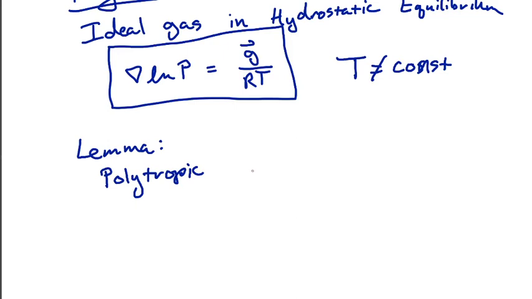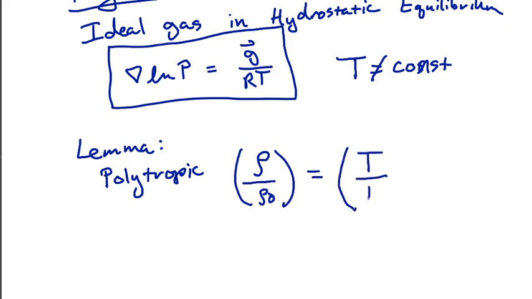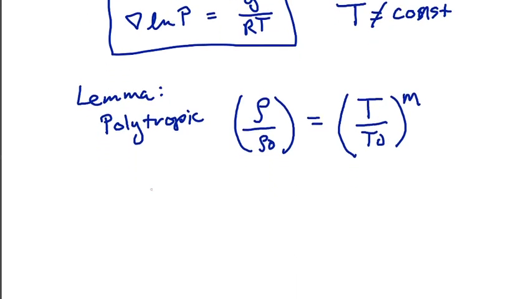In particular, we're going to say that the density of the gas, normalized to some reference value, rho naught, is given by a power law relationship to the temperature, T divided by T naught, raised to the power of m. And remember, this is an ideal gas, which means we immediately know what the pressure is.